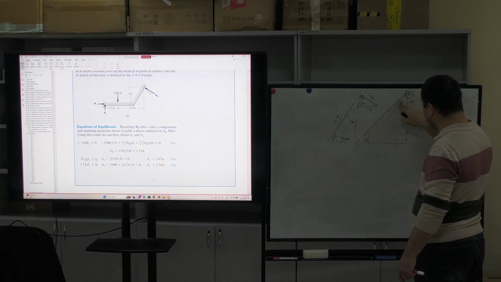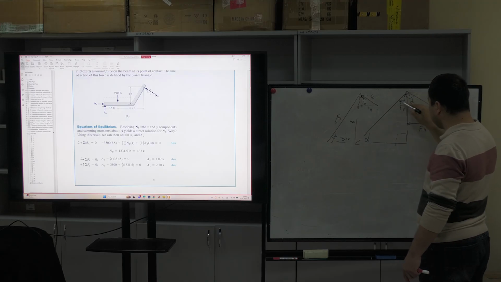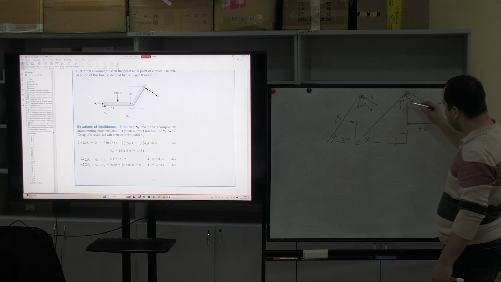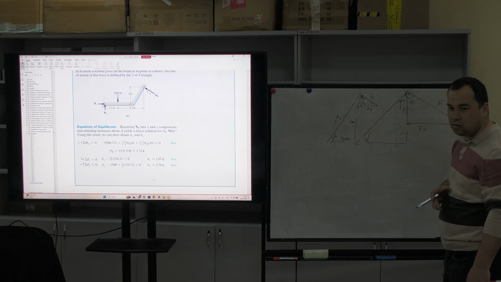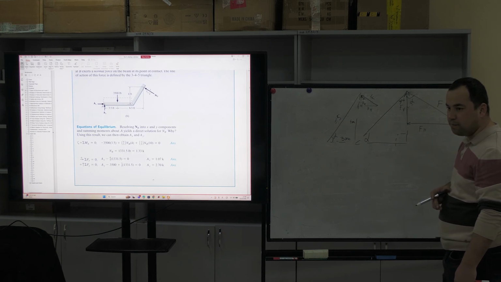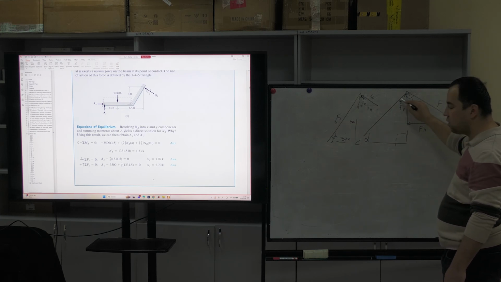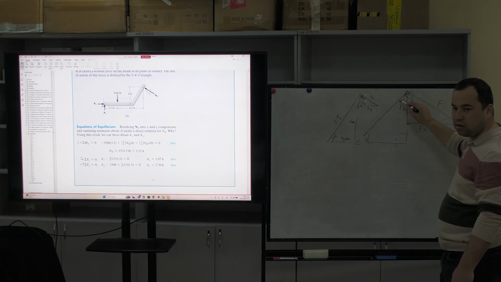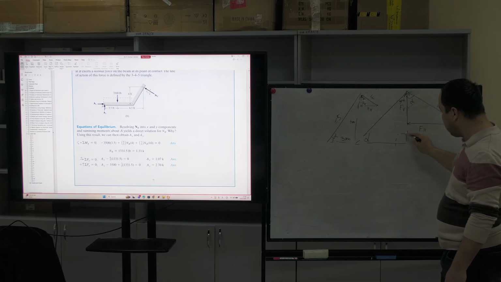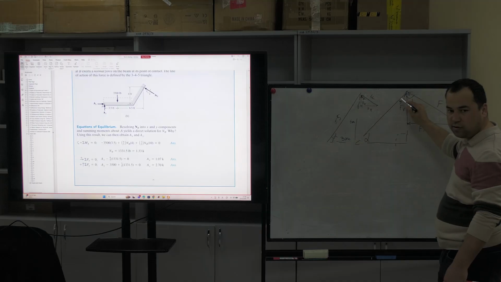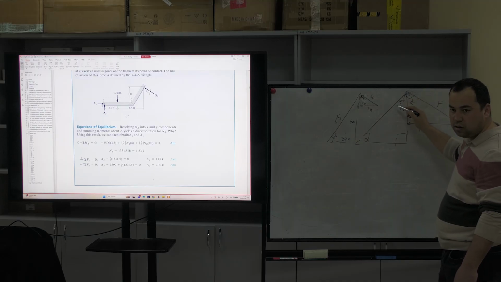Let me say this angle is beta, so beta is 90 minus alpha. If you add both, 90 minus alpha plus alpha, it will again be 90. I identified beta as 90 minus alpha, because this one is 90, this is alpha, this is 90 minus alpha. Now is it clear?